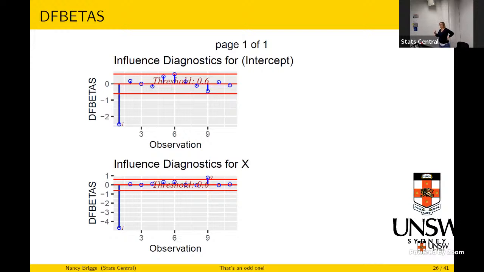Maybe it's particularly influential for the intercept, and that might be the case for my example with the green star, where it shifted our regression line, but it didn't change the slope. So it might be influential for the intercept, but not for the slope. Or you may find that when you have more than one predictor, a case is particularly influential for only one of the predictors rather than all of them.